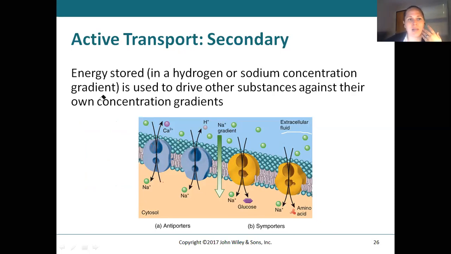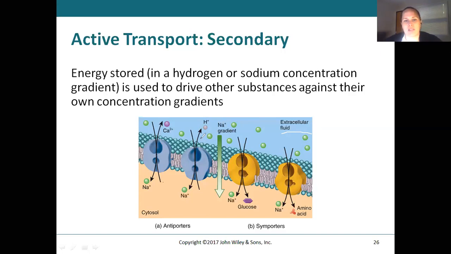The same thing can be said for the hydrogen ions that you can see here, the same kind of coupling with the sodium transporter. And then things like glucose and amino acids are still using that sodium gradient to move things with or against their concentration gradient.